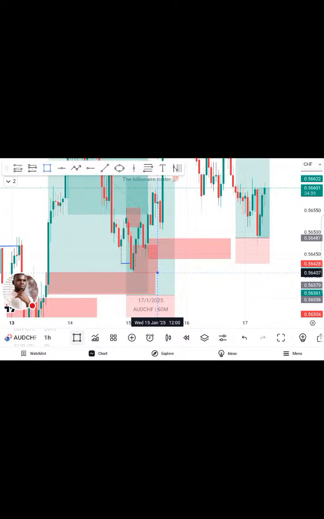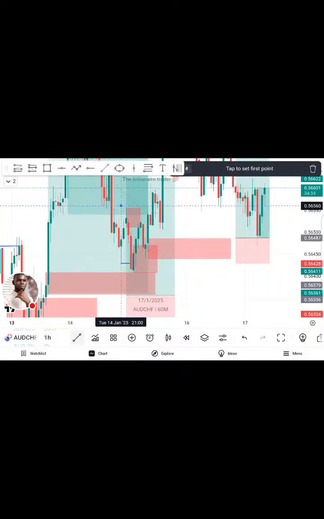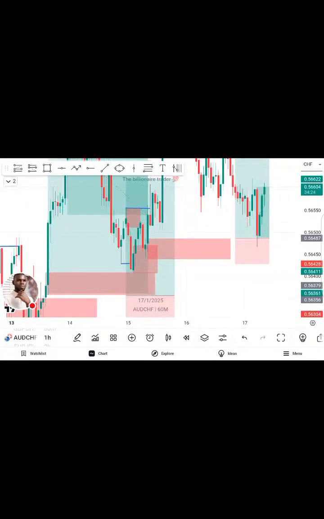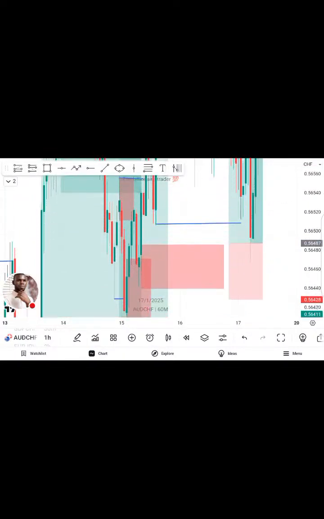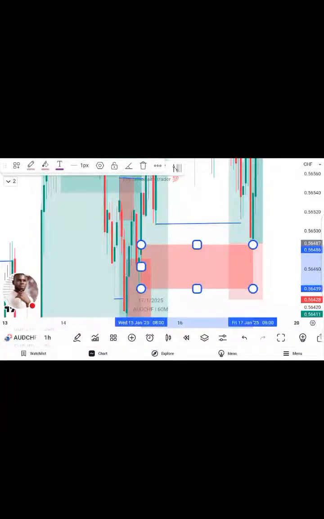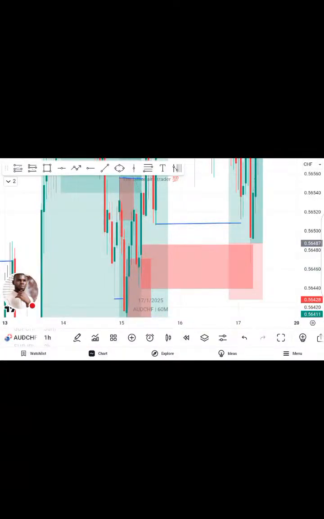and invalidated this supply zone. Invalidating that supply zone, we have this engagement, making it an inflow setup, and we have the bar.